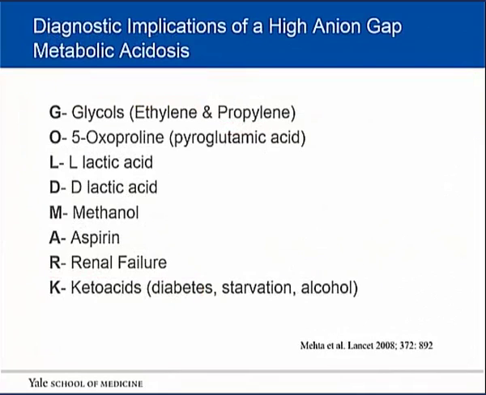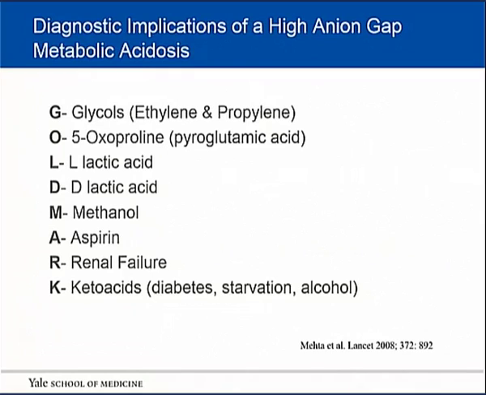For those of you who like mnemonics, the updated mnemonic for high anion gap, so it's no longer MUDPILES, is GOLDMARK. And that helps you, so think about toxic alcohols, ethylene glycol, propylene glycol, methanol is further down in the M. O is oxoproline, pyroglutamic acid, typically in patients who are malnourished, taking a lot of Tylenol, especially if diabetic, so that's not relatively common, but we see it every now and then.